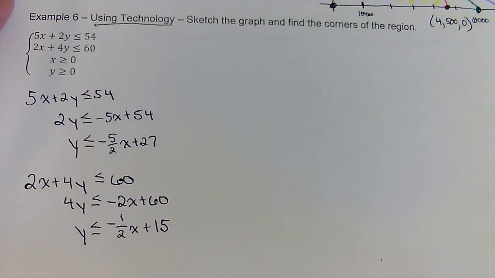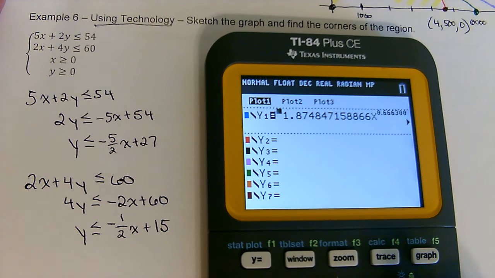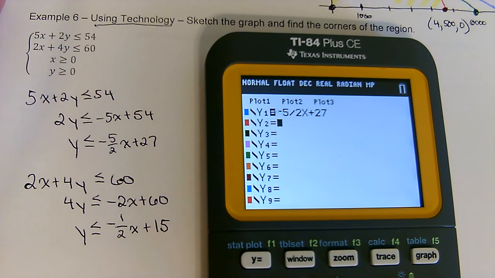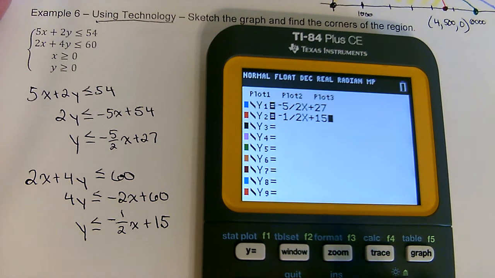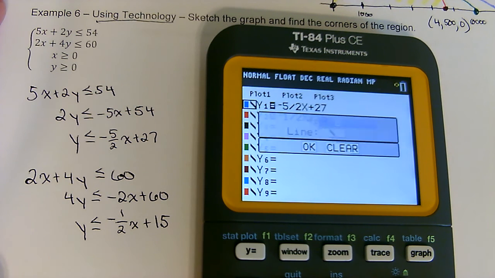All right, so in your calculator, I need to turn off the plot from the last time I had it going. Negative 5/2 x plus 27, and this one's going to be negative 1/2 x plus 15. I'm going to show you something kind of nifty. If I go over to where it has this line here, and press enter.